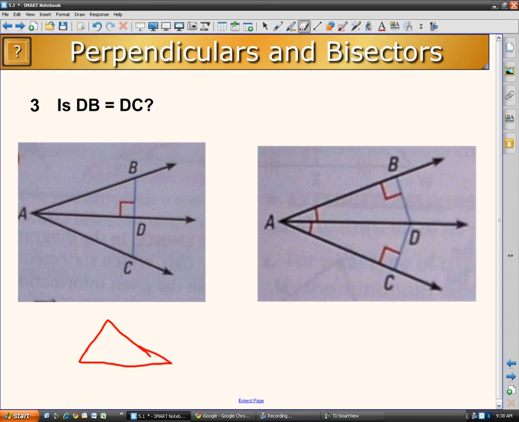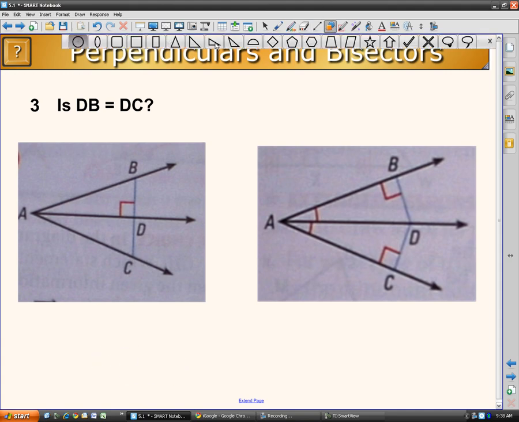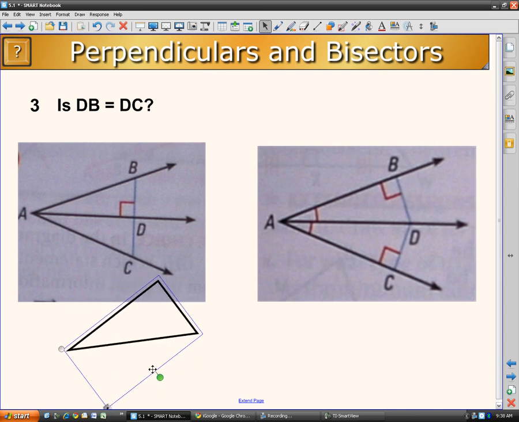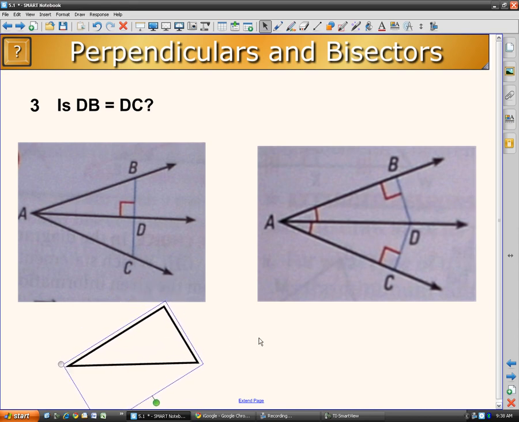All right, so if I have a triangle that looks like this, I want it to sit like that. This is what I was looking for. So I have a triangle that looks like this, and can I draw a line that is perpendicular to the opposite side and not have those two sides equal? Well, there you go. So that could be what's happening.